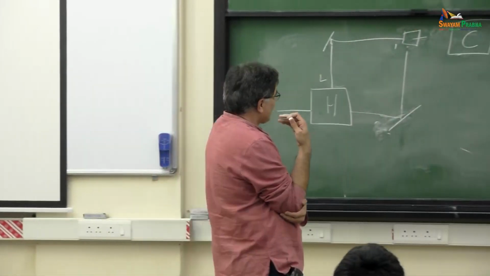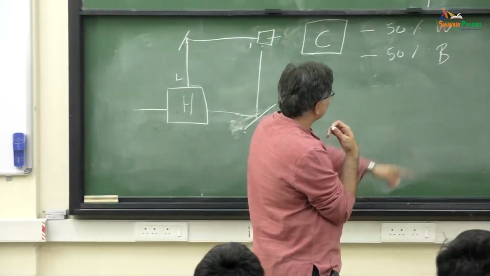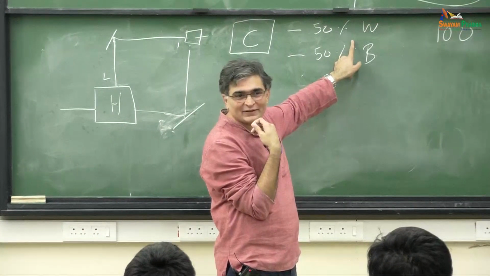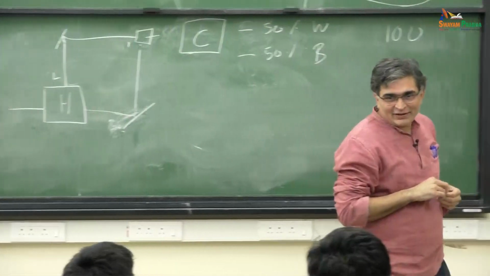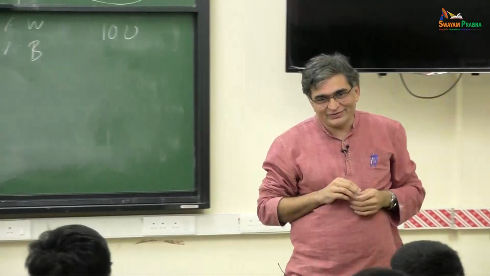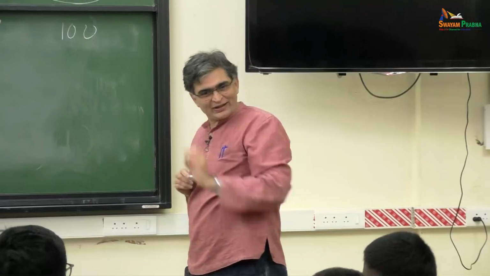For me, as a mathematician, I would expect that 50% will come out white and 50% out black, because it is actually the previous setup, except that the beams are merged. And beams are merged in the sense that it's not a beam, one electron is going at a time.